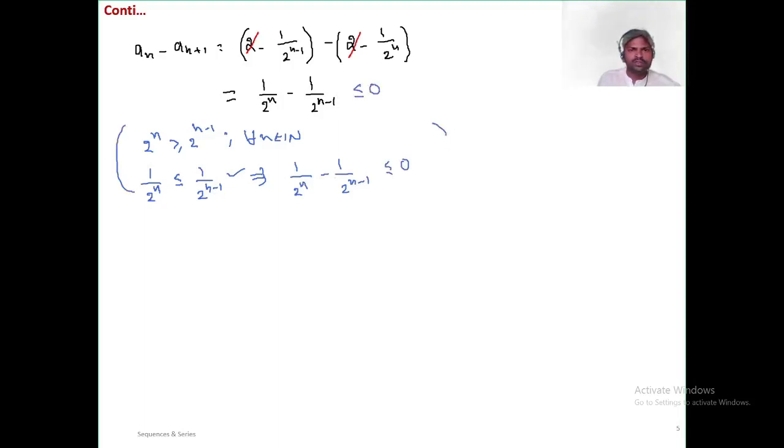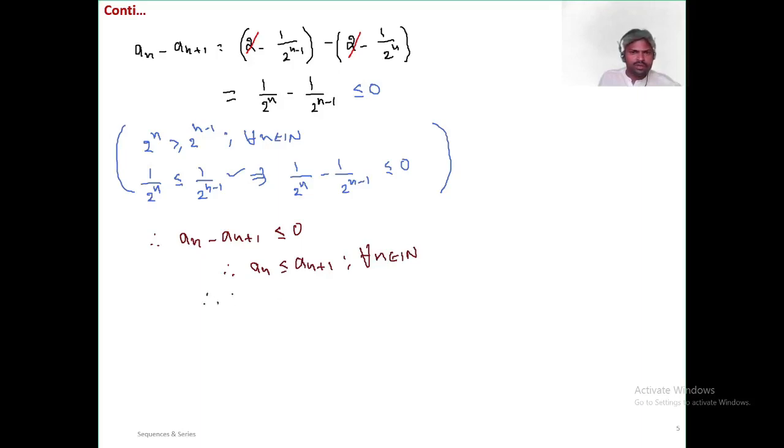So because of this, now this one is less than or equal to 0. Therefore I can say that an minus an plus 1 is less than or equal to 0, so an is less than or equal to an plus 1. Therefore it is an increasing sequence for all n belonging to the natural number set.